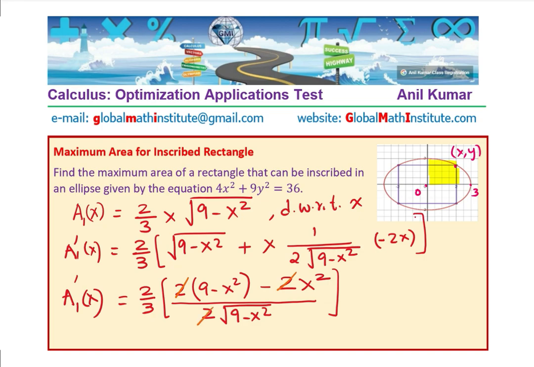So we have 9 minus x squared minus x squared within the brackets. Let's rewrite this as 2 over 3. 9 minus x squared becomes 9 minus 2x squared. Minus and minus, right? So the derivative is 2 over 3, 9 minus 2x squared. Perfect. So that's our derivative. Now let's find the critical number.